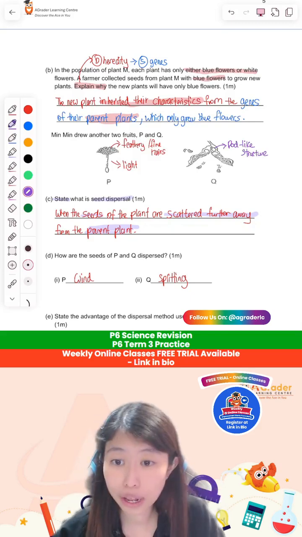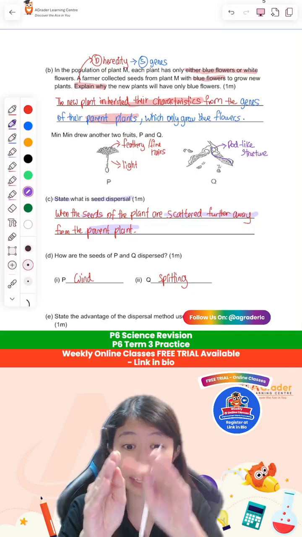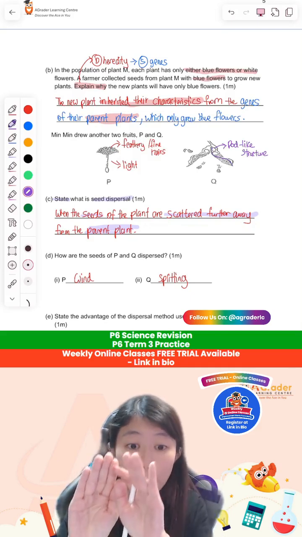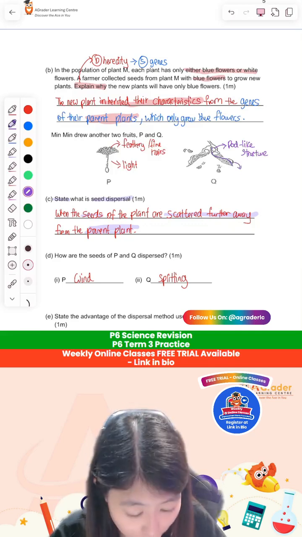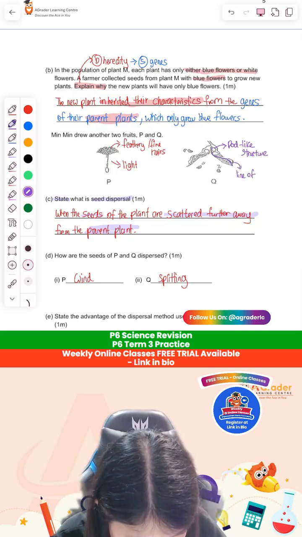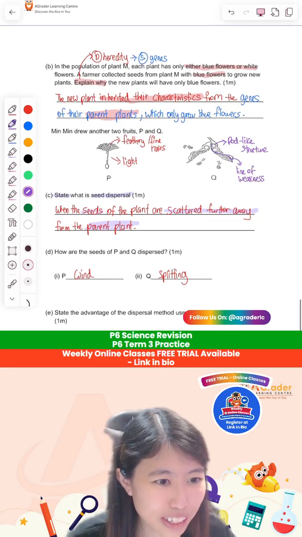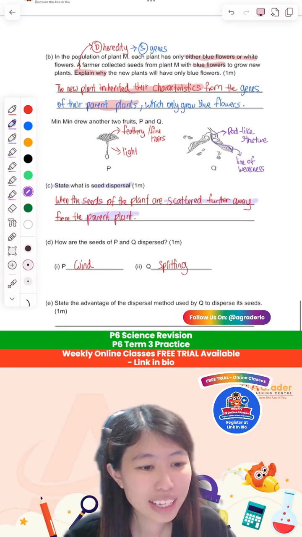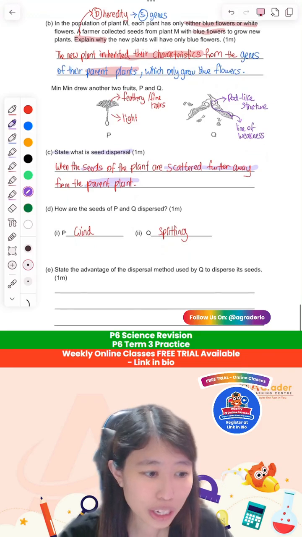There's also the particular line where it splits open, which is called lines of weakness. Some schools use the term lines of tension. It depends on what your school teachers prefer. You can say pod-like structure, lines of weakness. Very good.